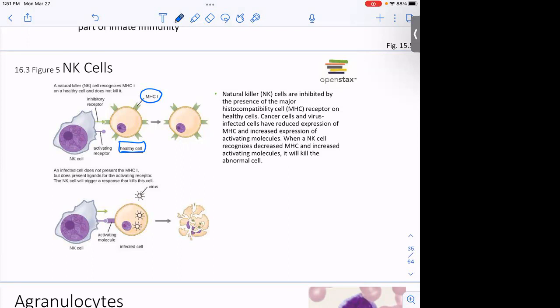You can see that the NK cell will ignore this healthy cell. Here's a cell that's not advertising anything, and so the NK cell recognizes a different activation molecule and will act on it to kill that infected cell. It acts with a similar mechanism to cytotoxic T cells. Some of the same cytokines are released.